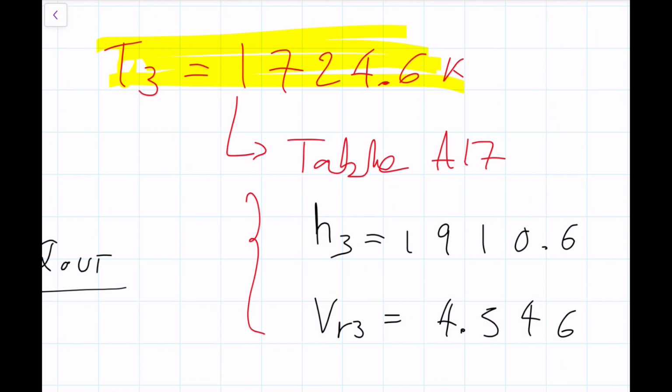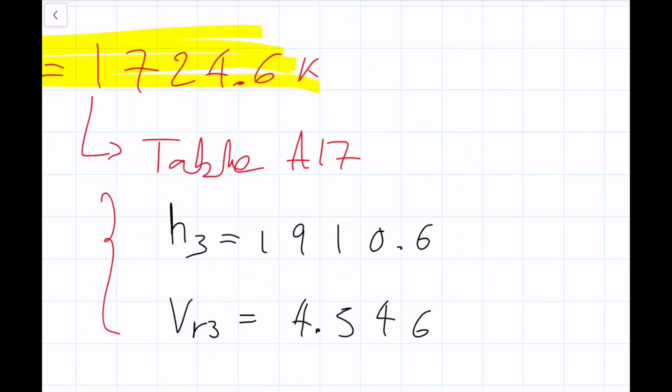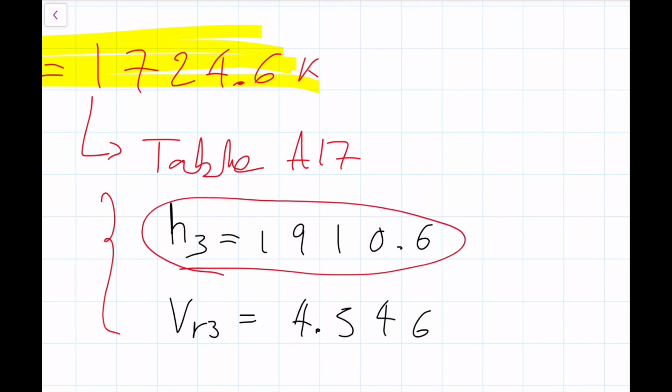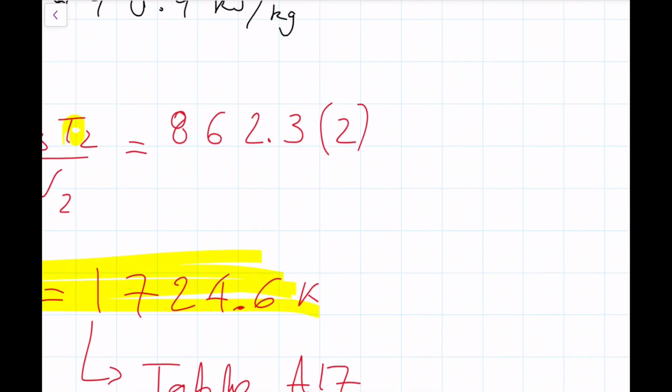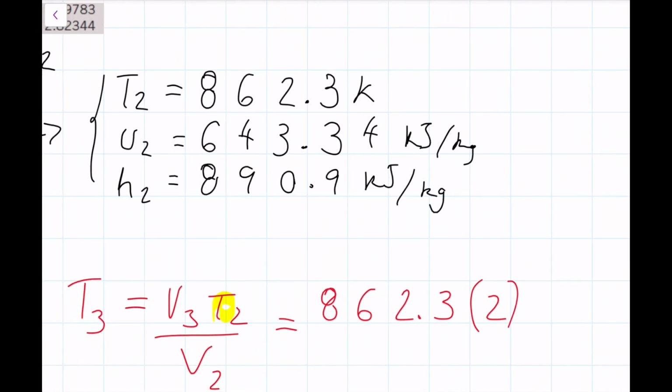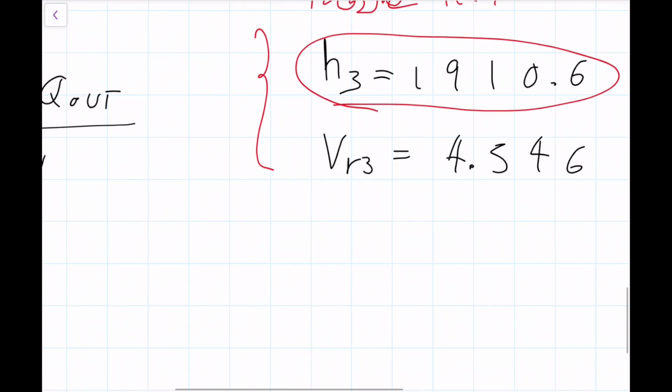Okay, so now I'm going to use this enthalpy that I just found. I'm going to relate that to the enthalpy that I had before. Where is my enthalpy before? There you go. This enthalpy here for state 2. And I'm going to say that my Q in is just the difference between those two, right? So let's do that.